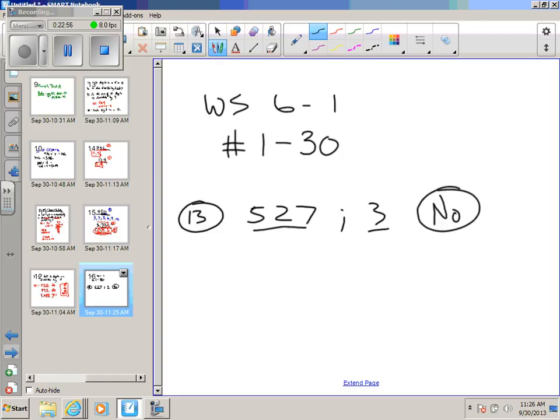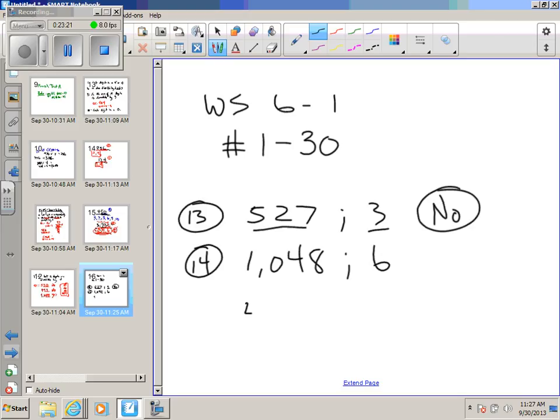What about 14? Look at 14. 1048. They want to know if it's divisible by 6. Uh-oh. What do I have to do? What's the rule for 6? It has to be divisible by 2 and 3. So I've got to test it. Is it even? So I got the 2.